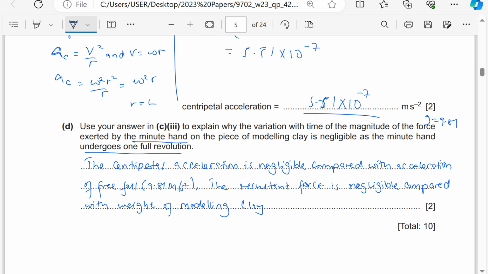So this means the variation in the magnitude of the force is negligible. Because the centripetal acceleration is very small, the centripetal force is going to be very small compared to the weight. And therefore, the variation is going to be too small and negligible.